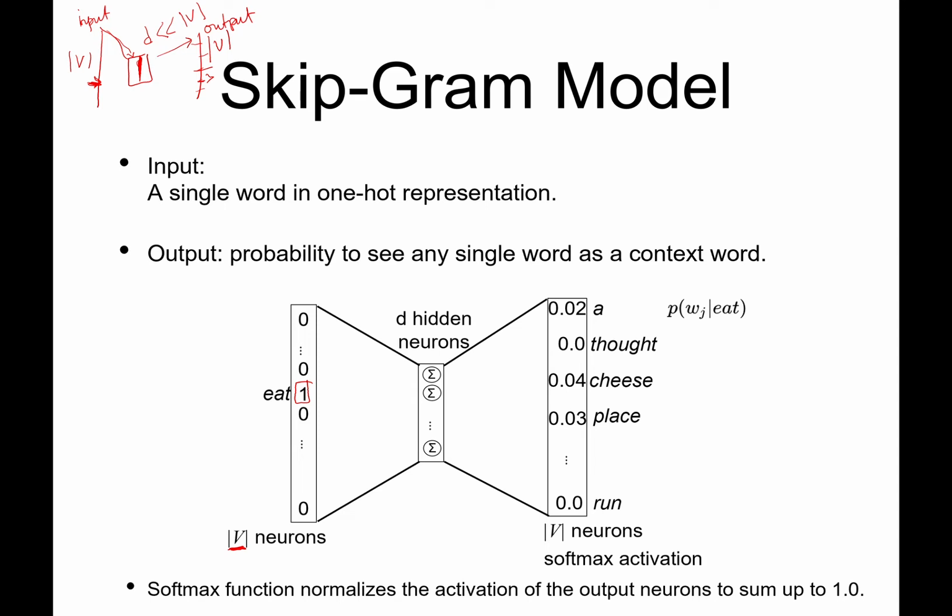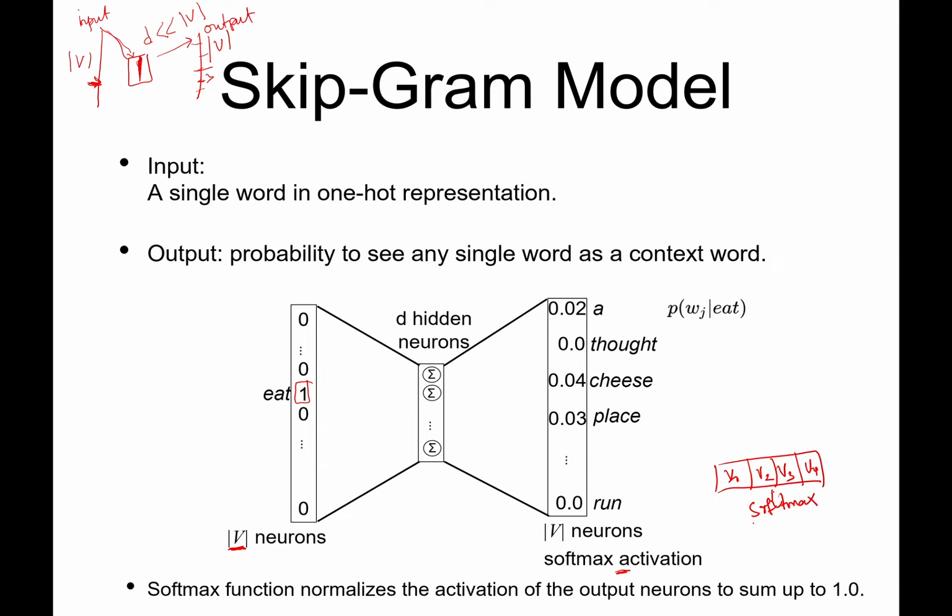All right, now in the output you're going to have a softmax activation. As we said, softmax takes a vector like this with some values, value 1, 2, 3, and 4, and you pass it through softmax.